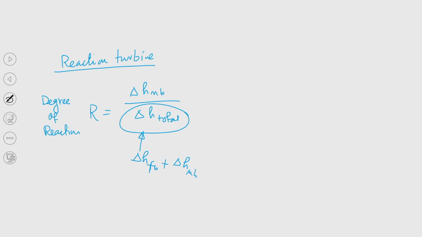So, basically when delta H moving blades equals delta H fixed blades, in that case R equals what?